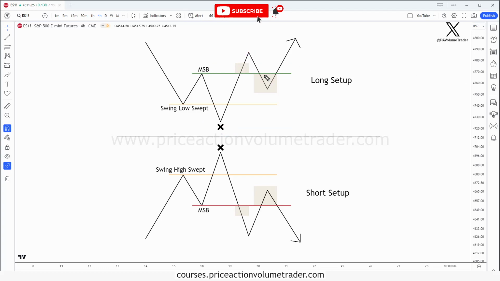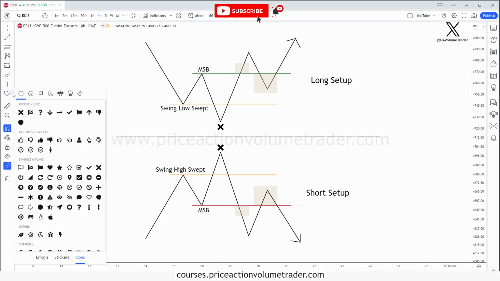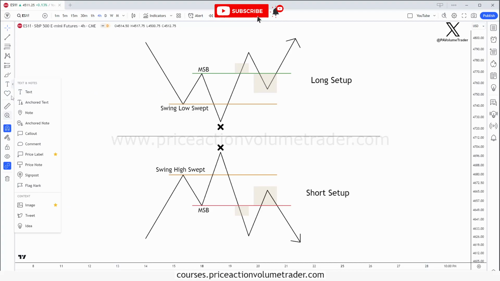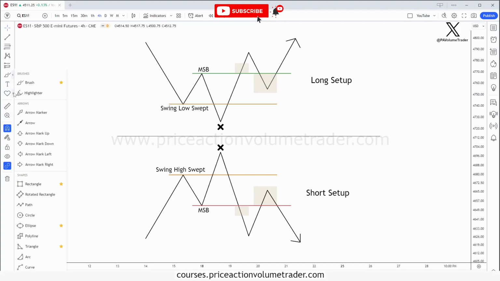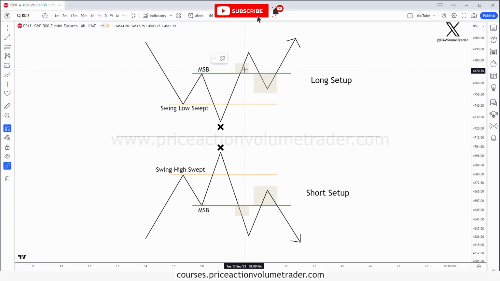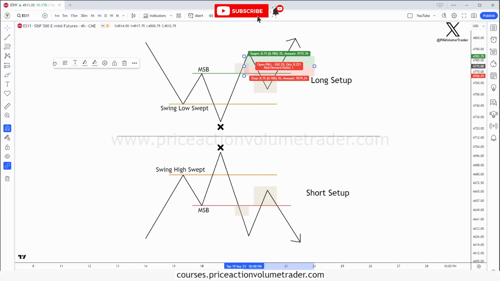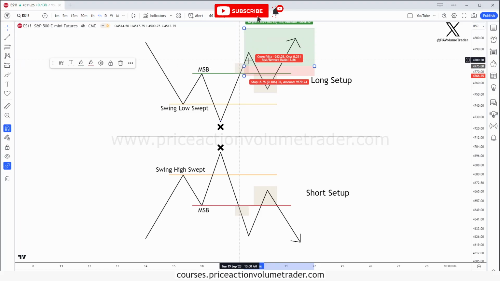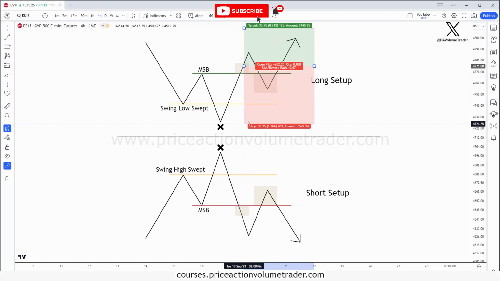Now, if we're waiting for a pullback, that is going to be favorable because we're going to get a tighter risk to reward. What do we mean by that? Well, if I grab my long position tool, let's say we take our entry right here on the candle close that confirms the break in structure, and we have our stop here.